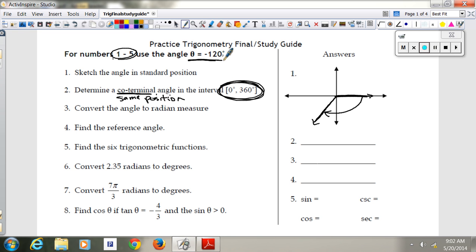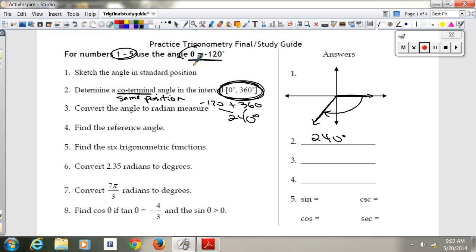So what I'm going to do to this negative 120 is add a circle, add a rotation. 360 is one rotation. So if I add these two together, that's going to give me 240 degrees. 240 degrees is between 0 and 360. It is a coterminal angle.